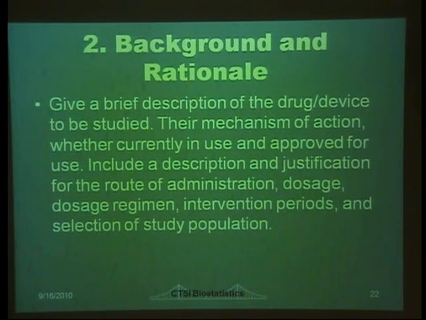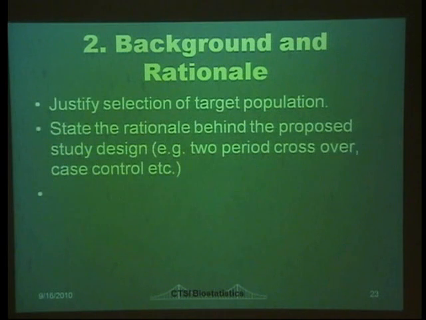As I said, we need to give a description of the device, the mechanism of action. So in the case of a prospective trial, why we're doing what we're doing. We want to also justify the population that we're going to be doing this in.